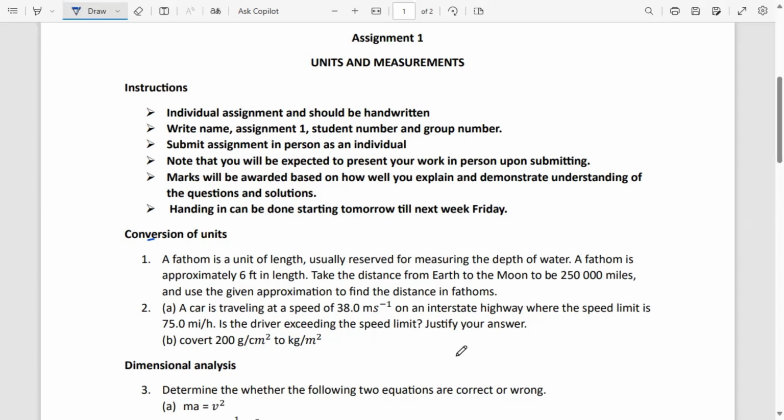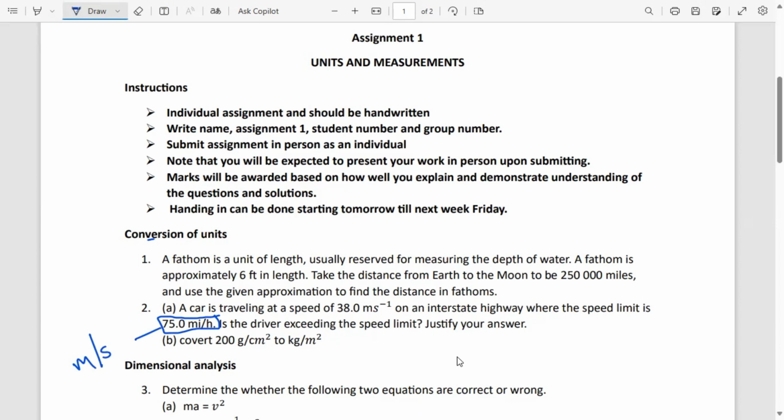First, we're supposed to convert this 75 miles per hour into meters per second, so that we can compare it with the speed at which this driver is moving.